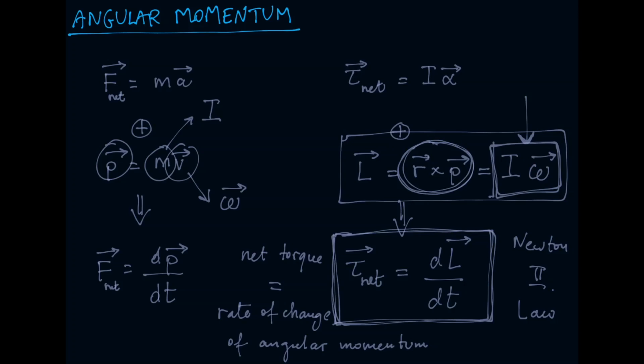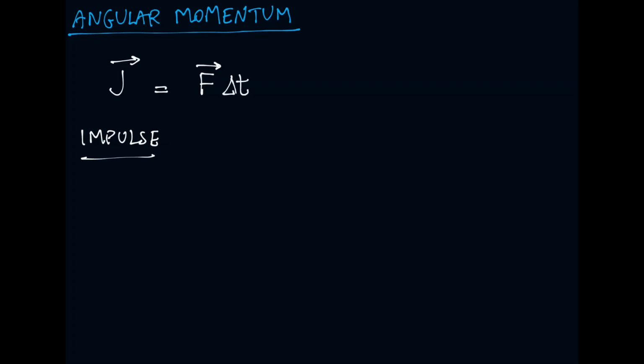Actually, since we're talking about how to change the value of angular momentum, let's draw a precise, identical parallel to what we had in translations. You may remember that we had defined this notion of impulse, which, for a constant force, was this force times the time that it is applied for.